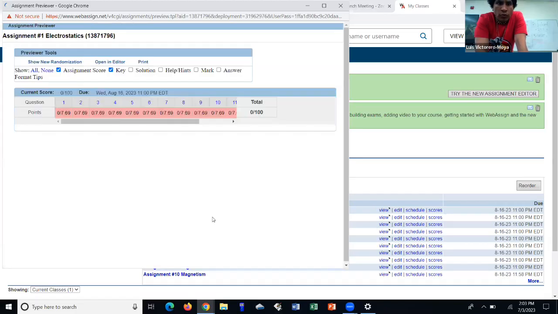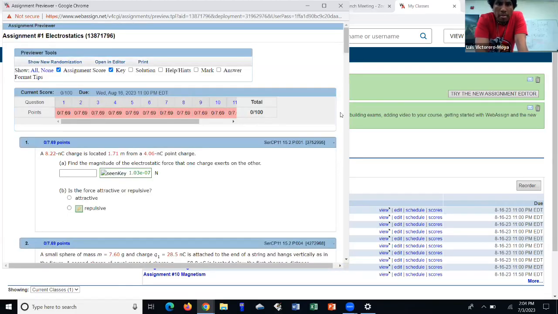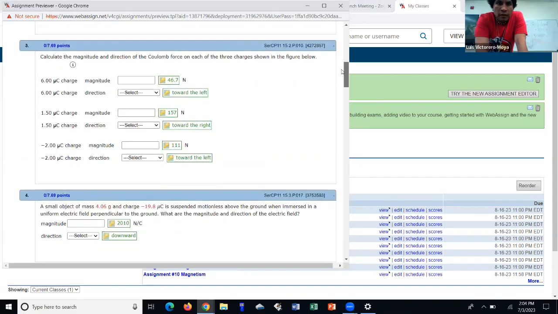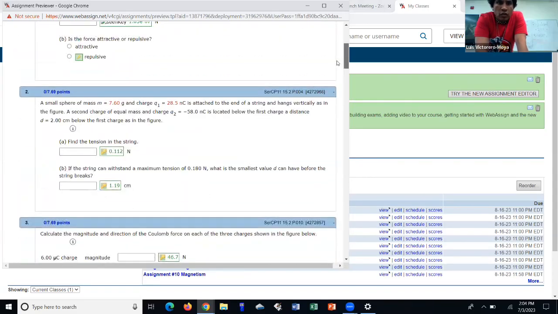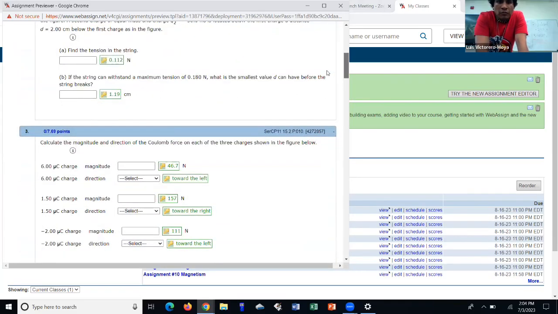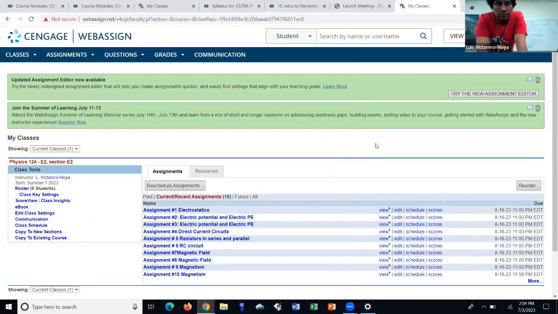Let's show you a problem that is like this: 3, 2, and 1. Basically, problems where you have to use Coulomb's law. All right.